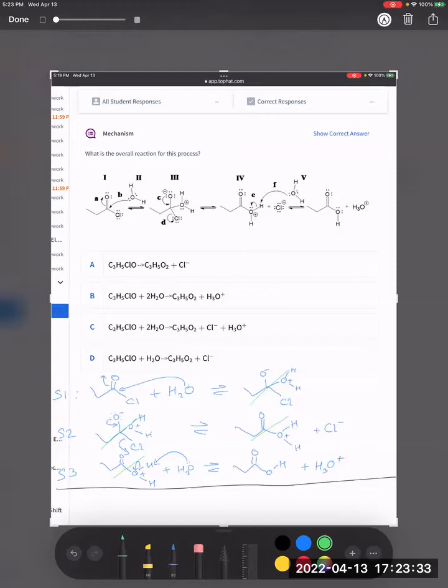So if you add up what is on the left hand side of the arrow, I have this molecule in the reactants, and also I have 2 water molecules reacting on that. And on the right hand side of the arrow, I have this molecule as a product, and also I have Cl minus and an H3O plus.